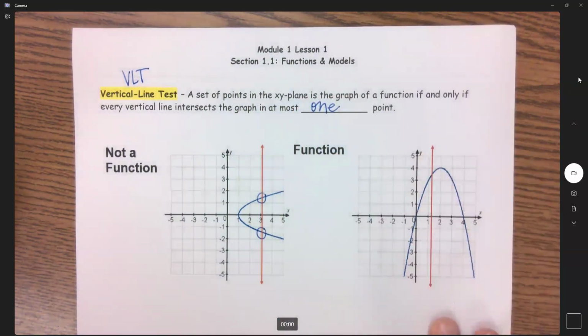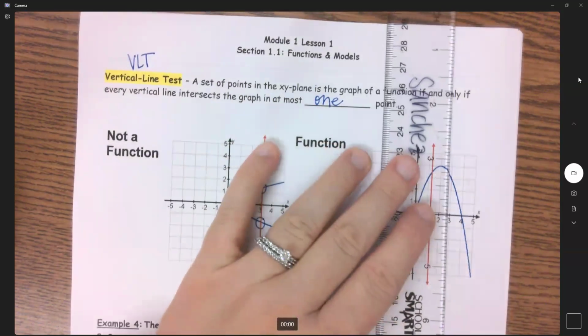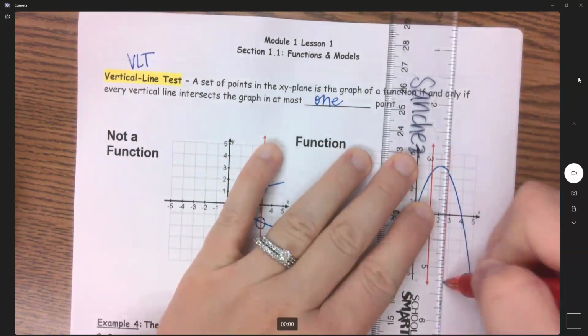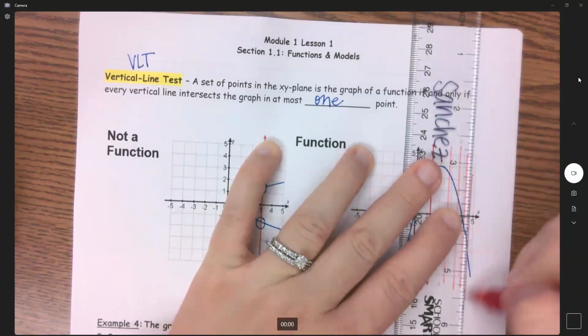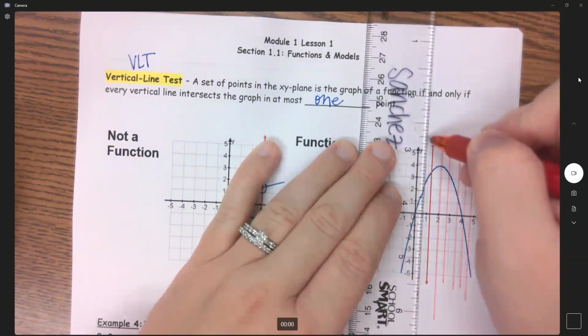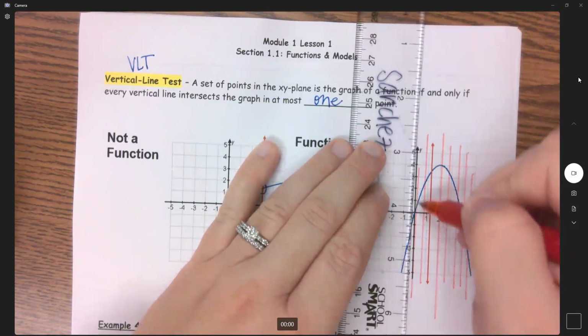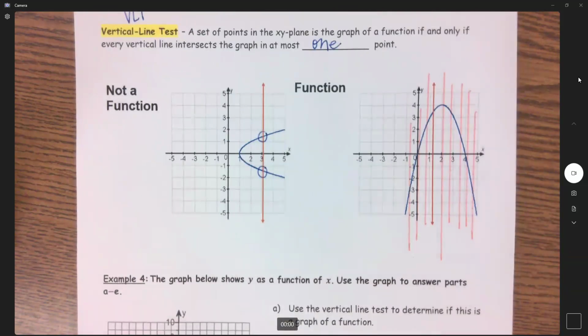They only put 1 vertical line in here, but anywhere I put a vertical line, get my ruler here, anywhere that we put a vertical line in this graph, I am intersecting this graph in only 1 spot. So what we're essentially checking is, does my X repeat?